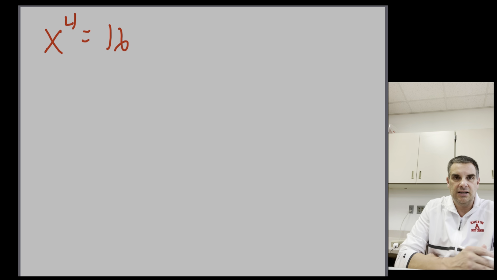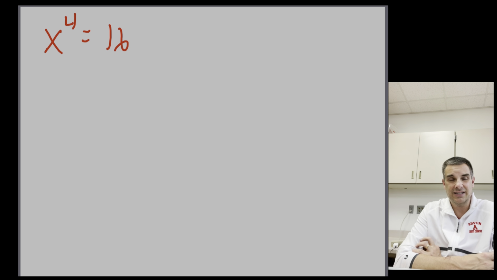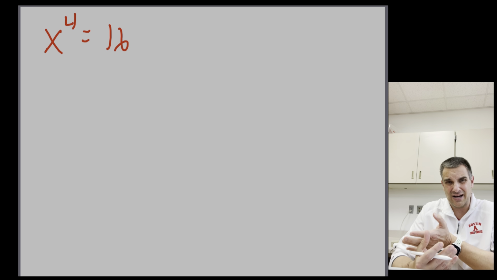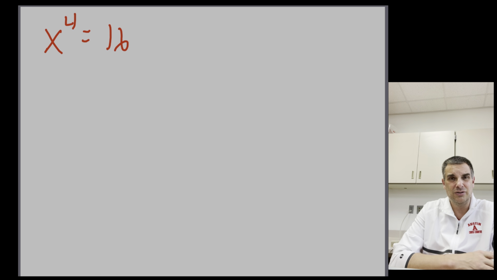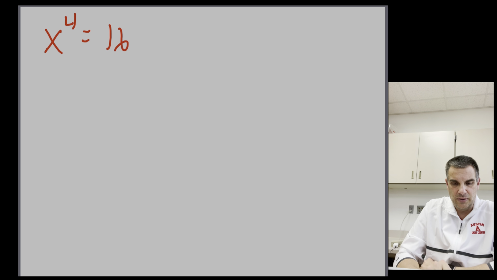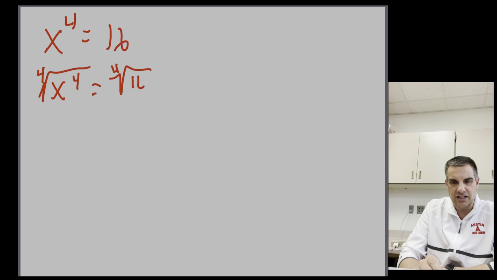If we look at another example, let's solve x to the fourth is equal to 16. My radicand is 16, and there are a couple of different ways you could solve this. You could subtract 16 and factor to figure out what your solutions are going to be. Or you could just take the fourth root of x to the fourth, and then do that to the other side as well.